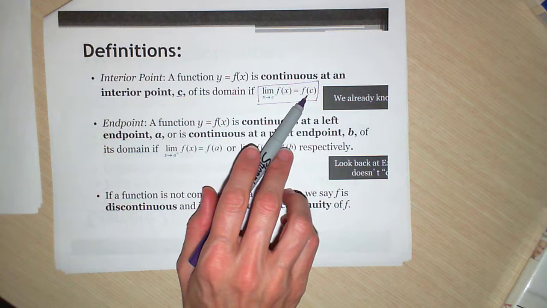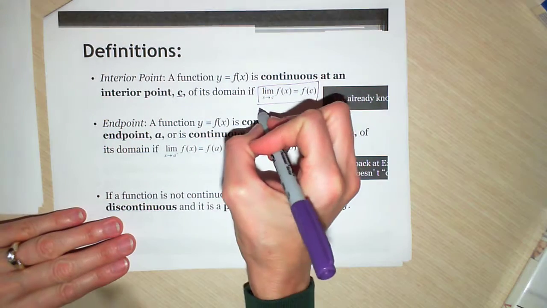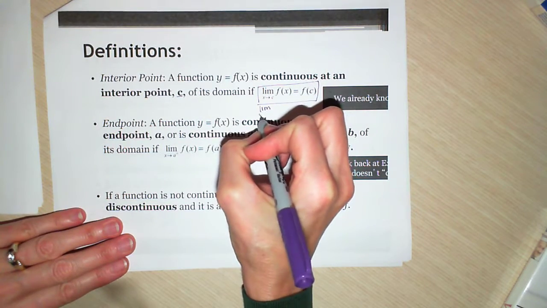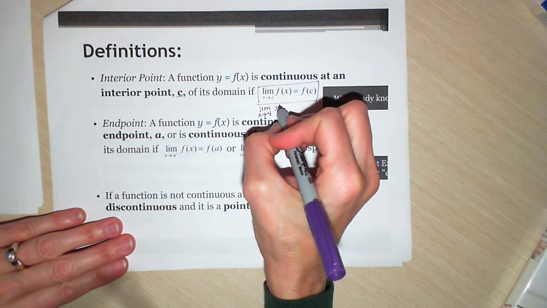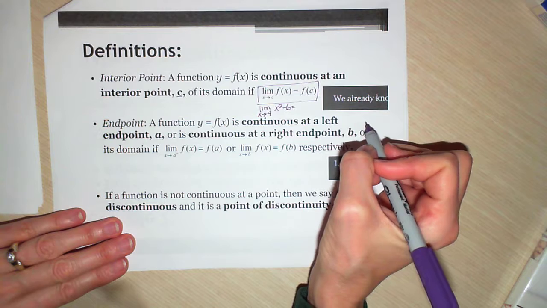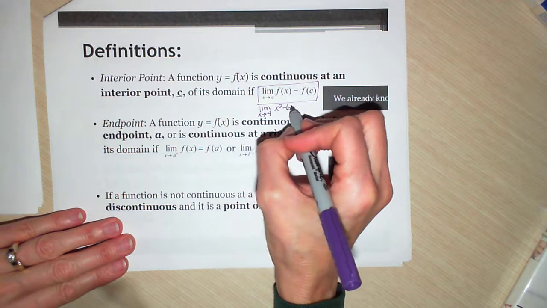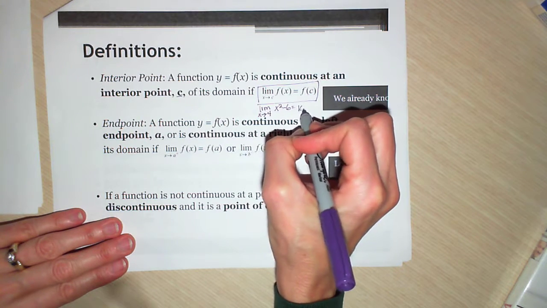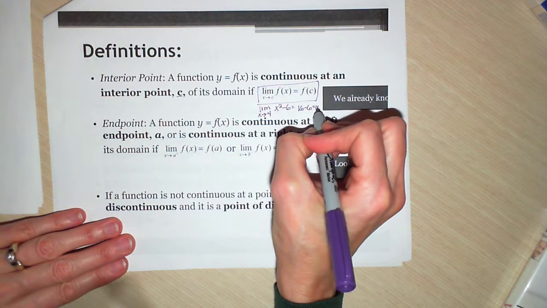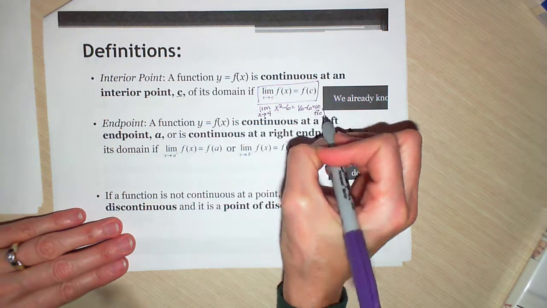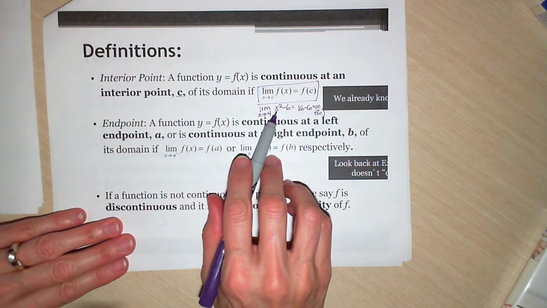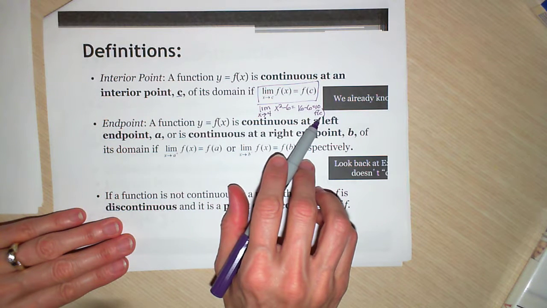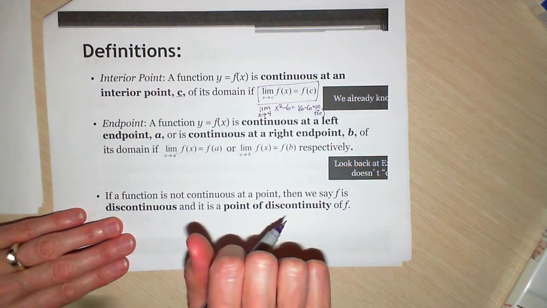So an example of this would be like a polynomial. If you're approaching 4 of, say, x squared minus 6, then the limit here would be 16 minus 6, right? That would be 10. So that would be f of c. If we just plug 4 into the function, that's f of c, right? f of c equals 10.